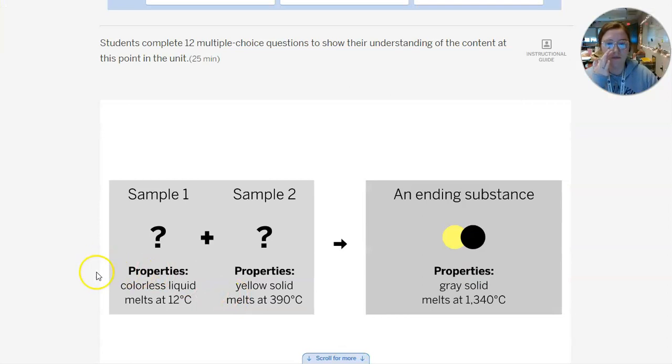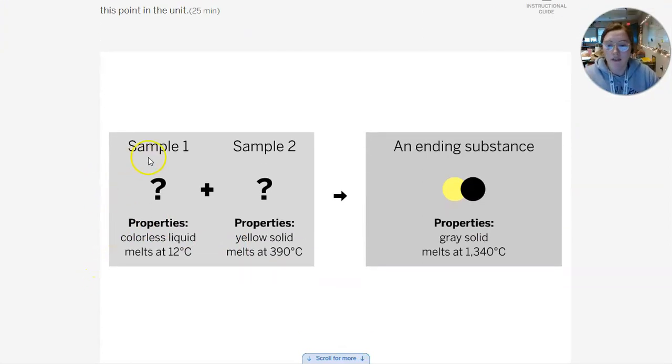Next kind of question. This one's tricky. So I have sample 1 plus sample 2 equals N ending substance. I want to highlight right here, when it says N ending substance, that means that over here, there's one more substance that I just don't know what it is yet.